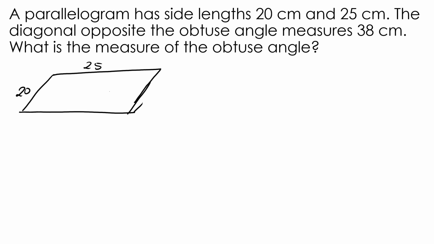The diagonal opposite the obtuse angle. So this is the obtuse angle, this is the acute angle, so the diagonal opposite the obtuse angle is this. It measures 38 centimeters. The question is, what is the measure of the obtuse angle? So this is the missing one.